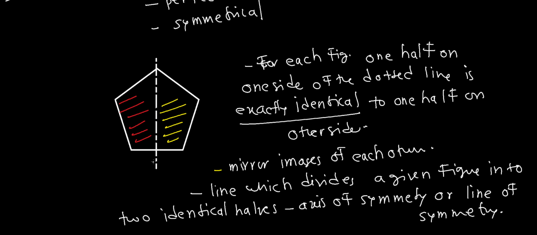So this is our line of symmetry, which divides this figure into two identical halves.